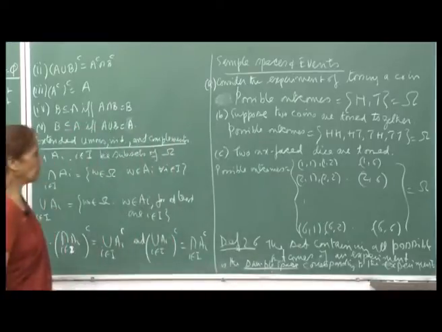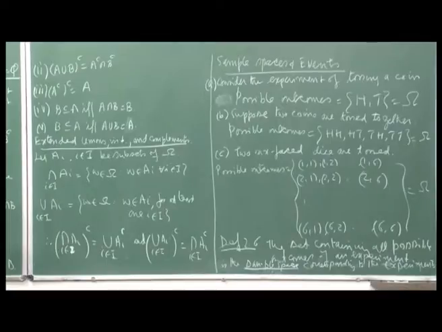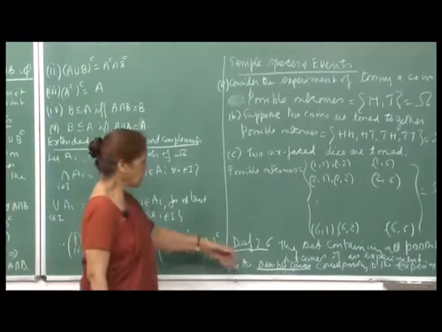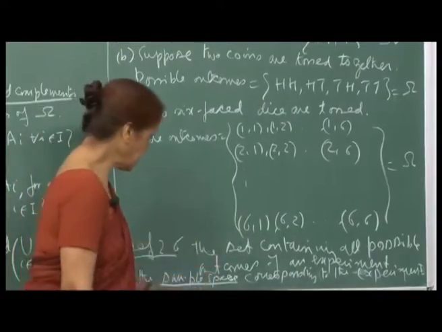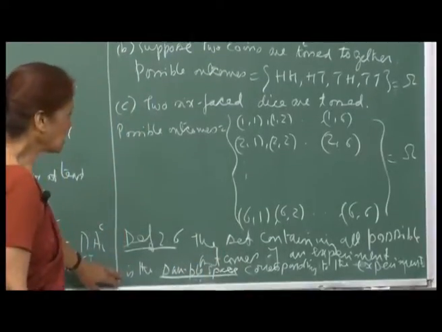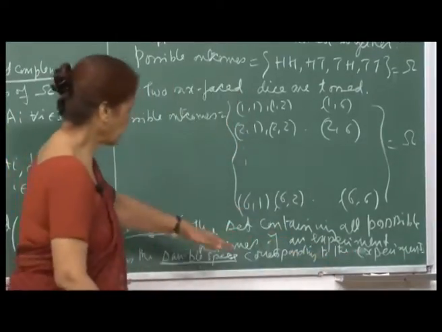Now the formal definition of a sample space can be immediately stated: the set containing all possible outcomes of an experiment is the sample space corresponding to that experiment. It is not very clearly written, but you can just read it.